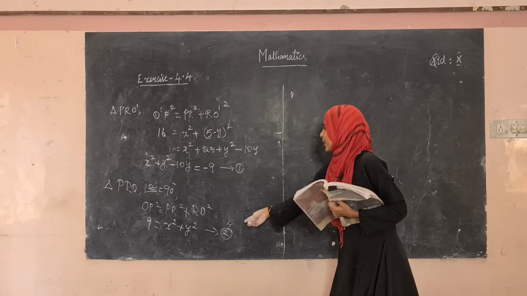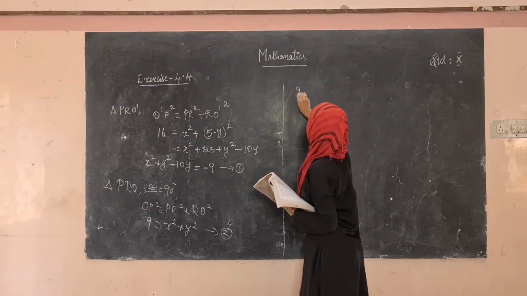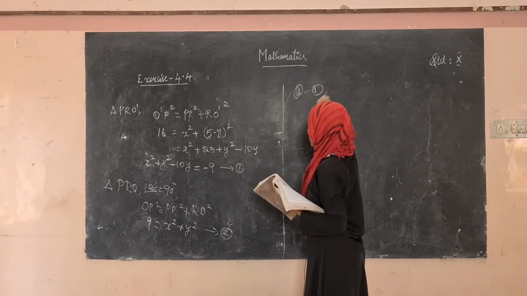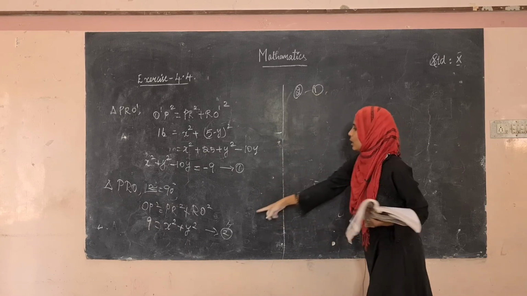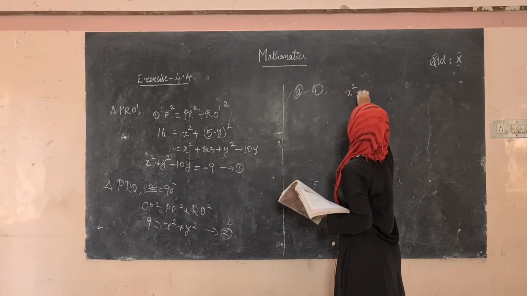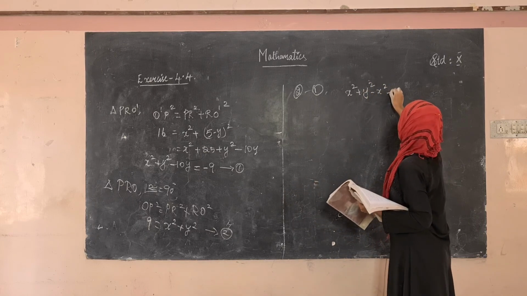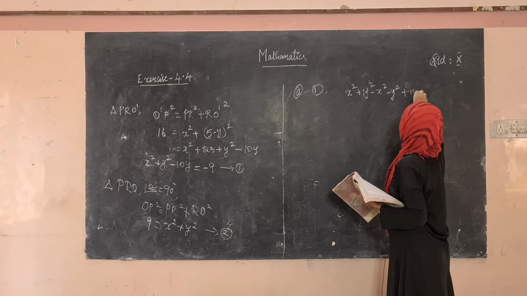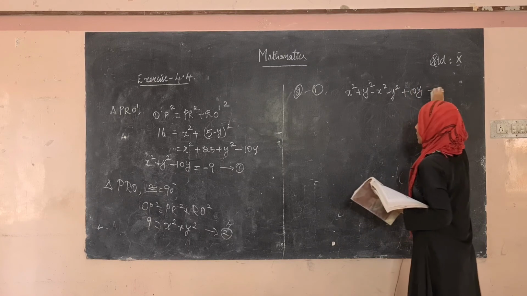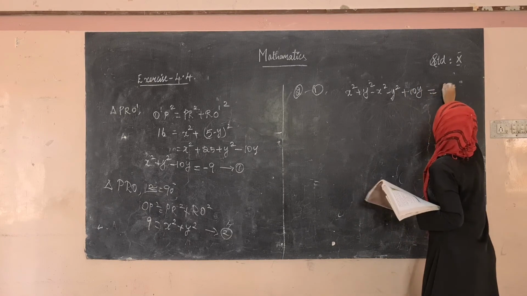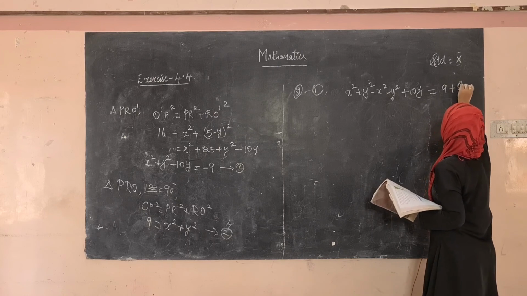After this, what we have to find? See, now let us do equation 2 minus 1. Equation 2 is X square plus Y square, and there minus X square minus Y square plus 10Y equal to 9 minus of minus 9.